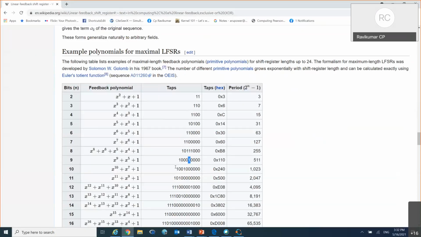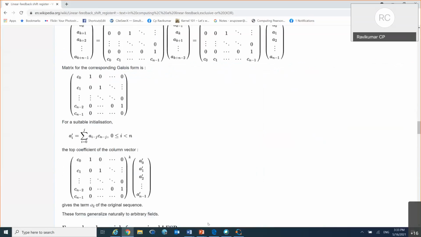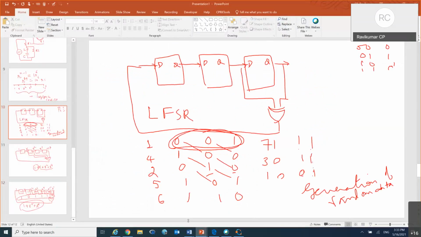Now you may be curious, why are they coming up with these LFSRs? What is so great about these polynomials? The polynomials which are shown here are going to generate the longest sequence of random numbers. Otherwise, if you take this example here, I started with 1 and then 4, 2, 5, 6, 7, 3. That is the longest possible, because with 3 bits there can be 8 numbers. So here 7 numbers are there.